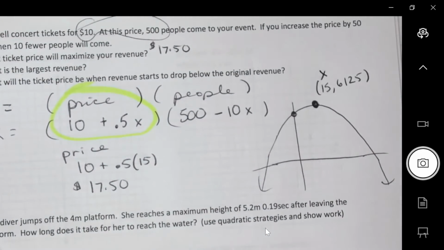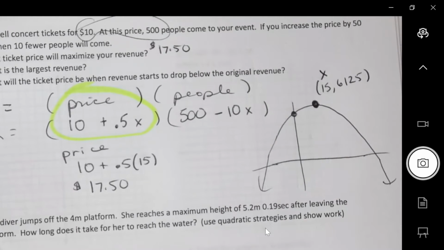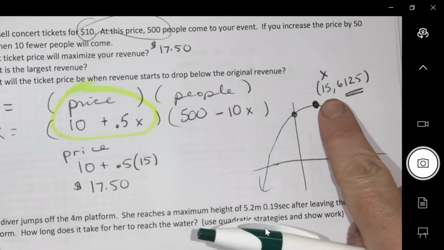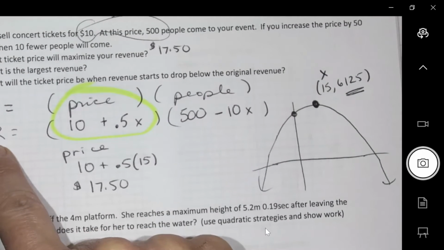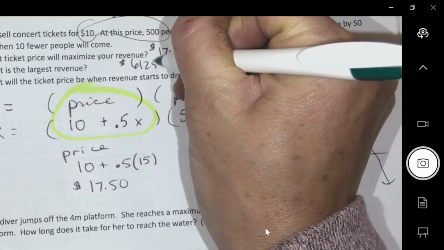So I'm going to set my ticket price for $17.50. Okay, the largest revenue, that's that. X is the changes, but the Y is the revenue. So 6125.